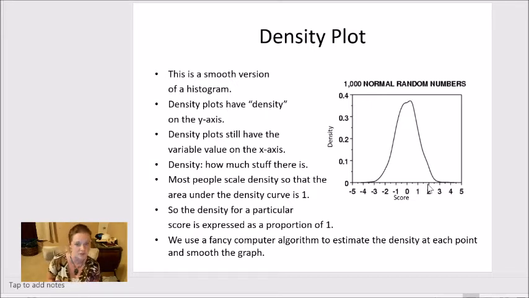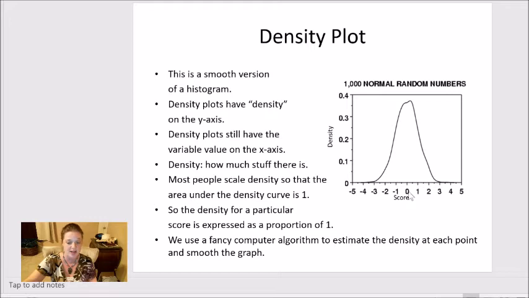You figure out all the different probabilities for all your various outcomes, where everything under the curve would be a probability of 1. What's the probability of answering anything? This entire area under here has a probability of 1. A density plot is also nice because you can figure out the probability of ranges of scores, right?